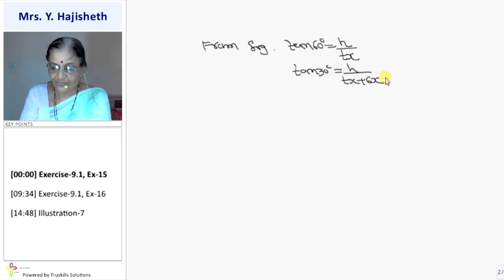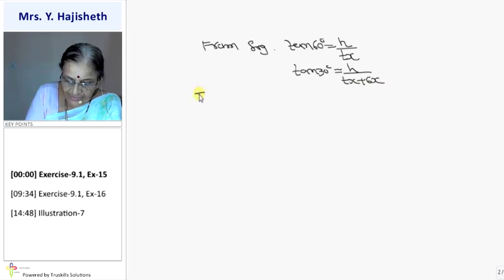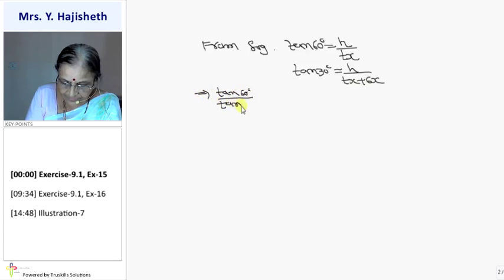Total distance. So if I take ratio of tan 60 upon tan 30, it is x in bracket t plus 6 upon t into x.